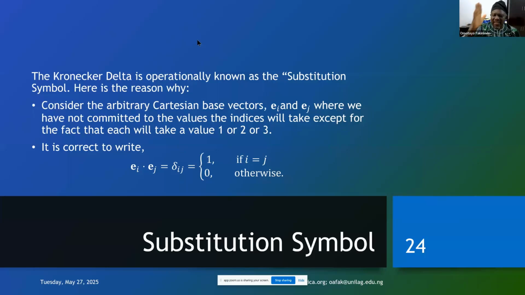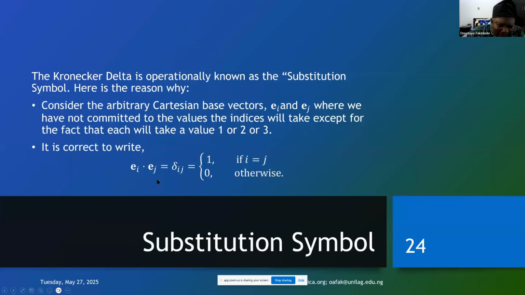You know that the dot product of the base vectors will only give you 1 if you are talking about the same base vector. Otherwise, i dot k is 0, i dot j is 0, j dot j is 1, k dot k is 1, and i dot i is 1, and so on. All those expressions are already contained in this simple expression here.